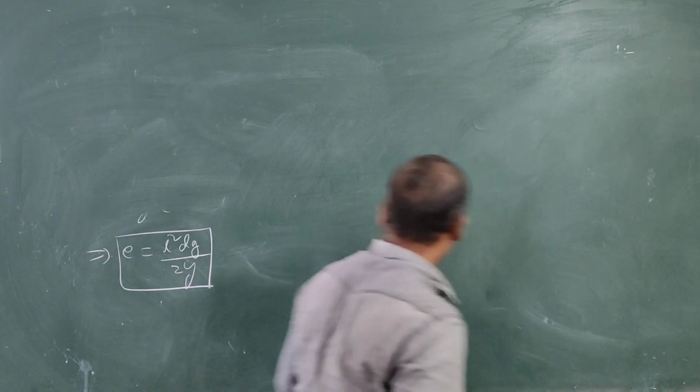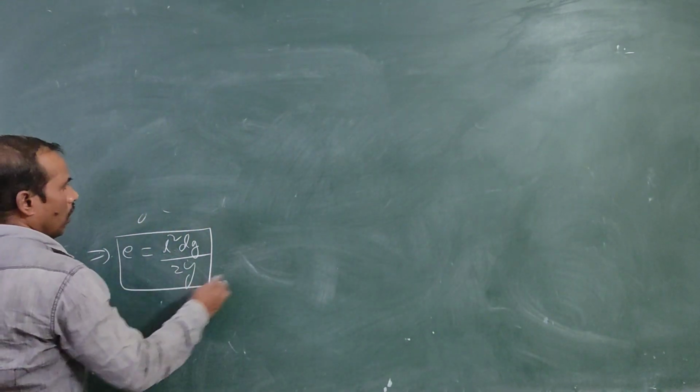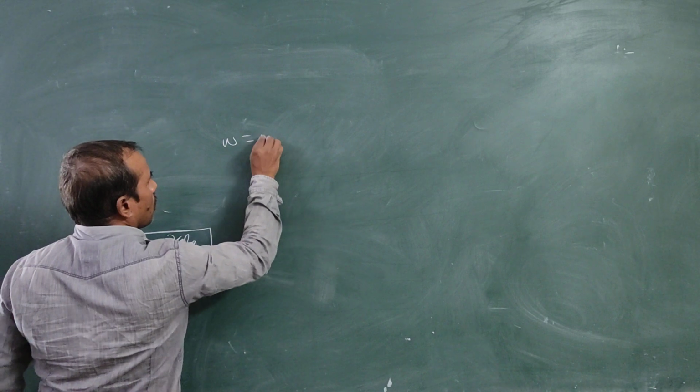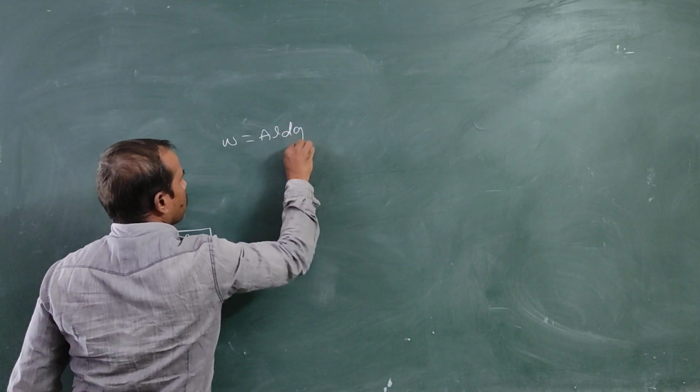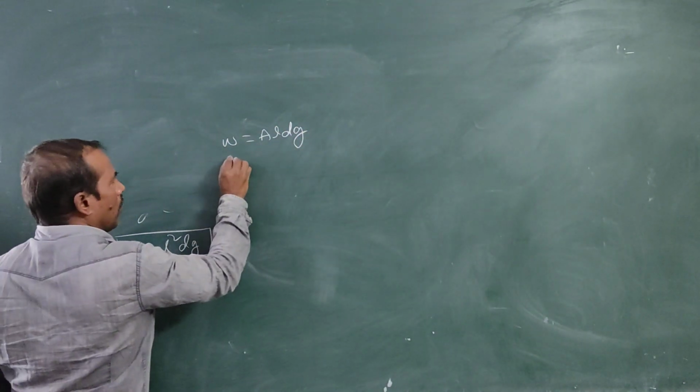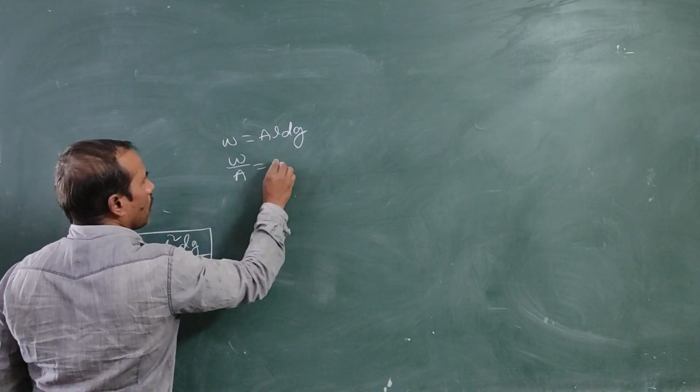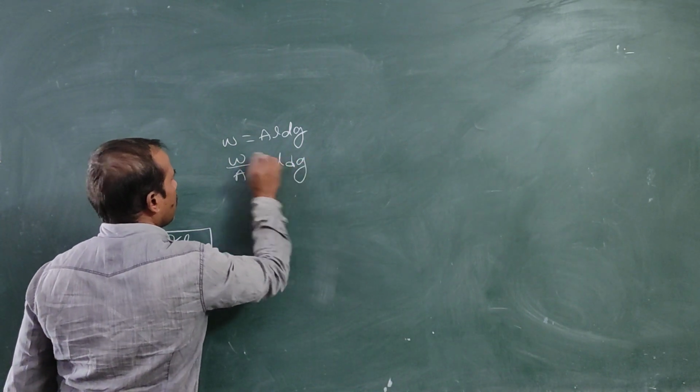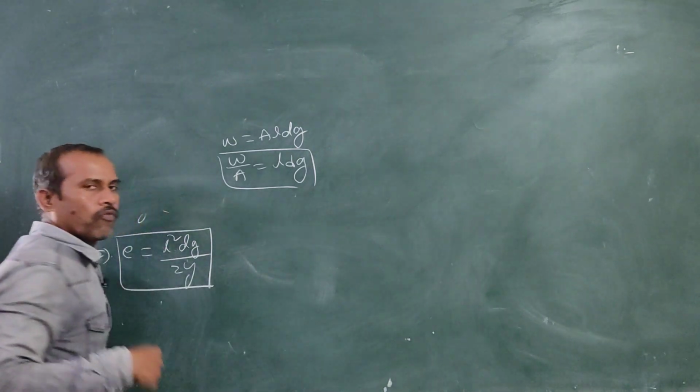E is equal to... weight is equal to ALDG. So W by A is equal to LDG. Okay, in terms of weight, write this equation.